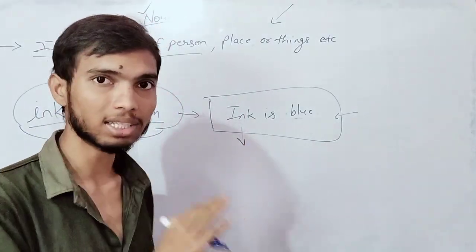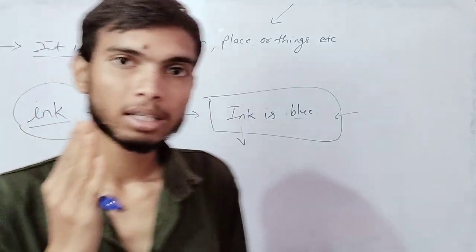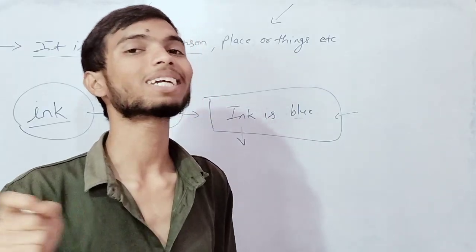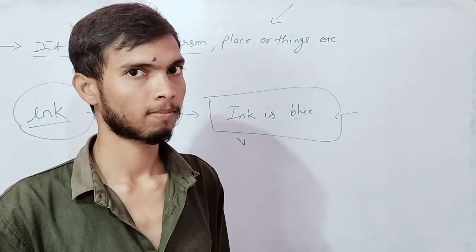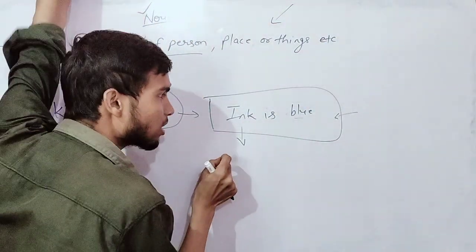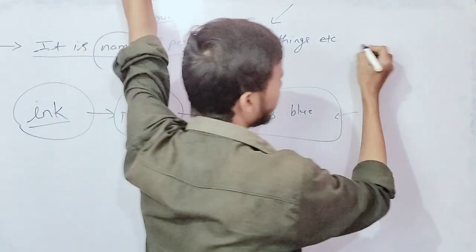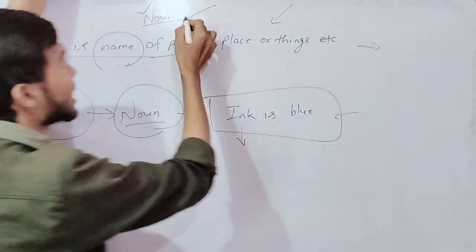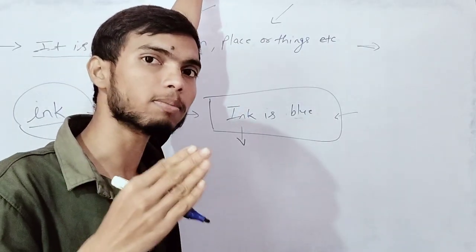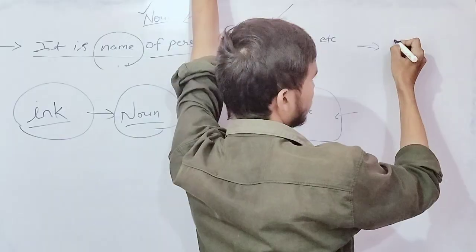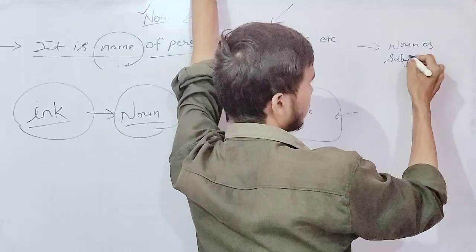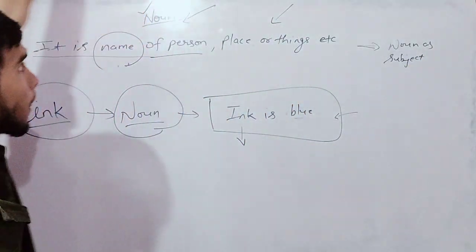Now you can see this is a noun and it is coming in the first place. Ink word is coming in the first place. Can you see? So here, first point, you can be clear. This can be applied in a sentence as a subject. Noun as a subject.